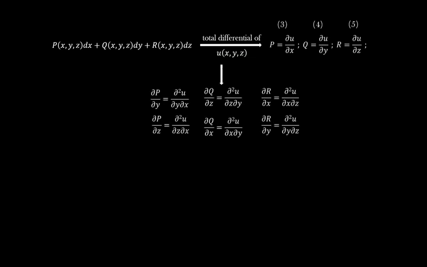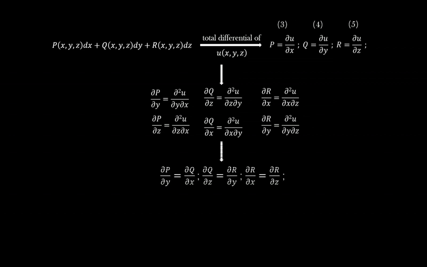For P(x,y,z)dx plus Q(x,y,z)dy plus R(x,y,z)dz, if it is the total differential of u(x,y,z), there exist formulas 3, 4, 5. In addition, if the partial derivatives of P, Q, R exist and are continuous, then these formulas can be deduced.